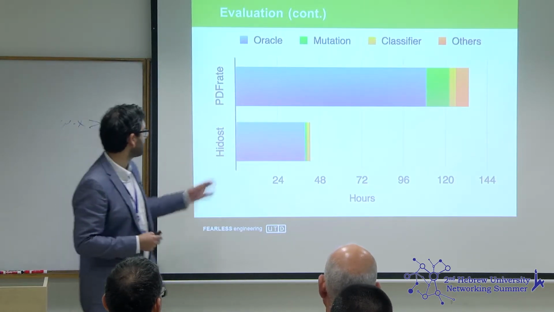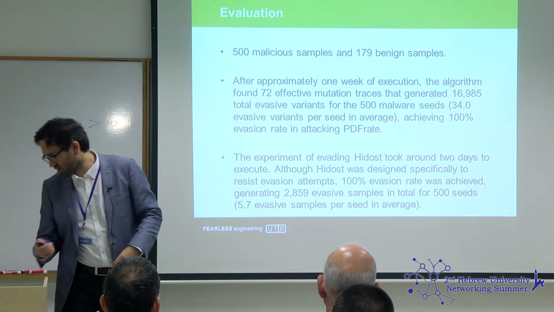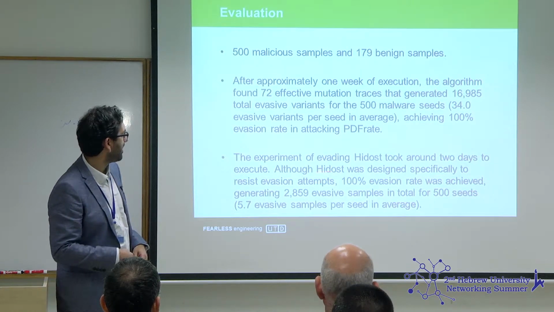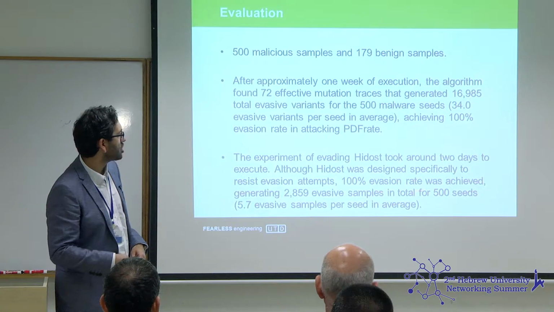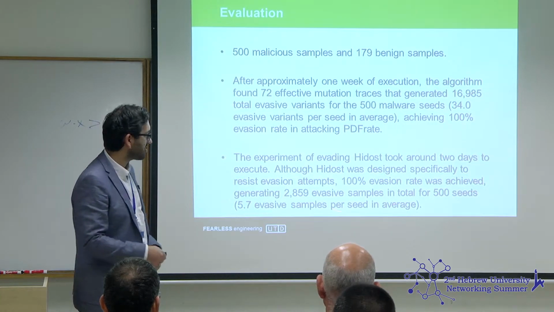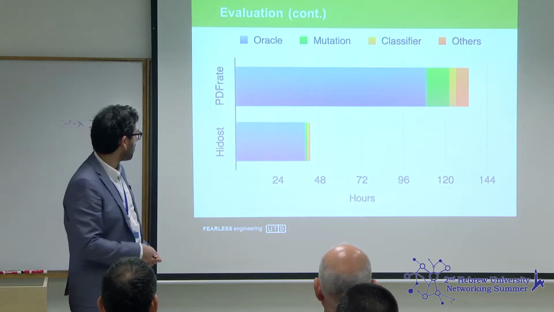Similarly, there is another one. It turns out this HeDOST was designed to be more robust to resist these evasion attacks. Still, they managed to find a 100% evasion rate, and interestingly in a quicker time for this scenario.